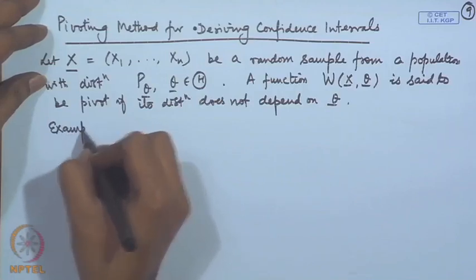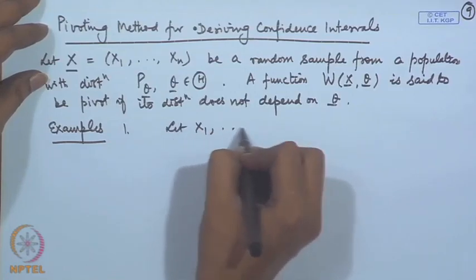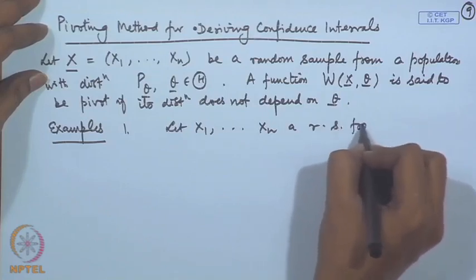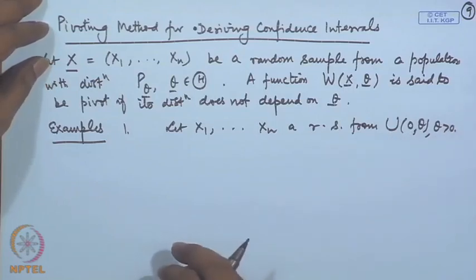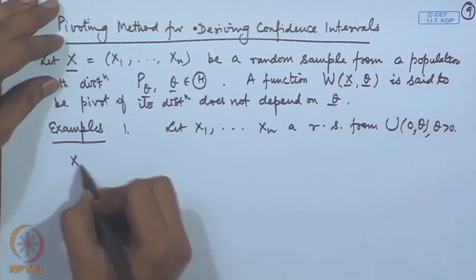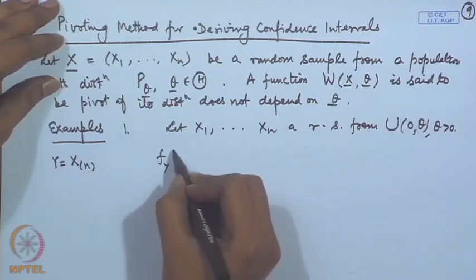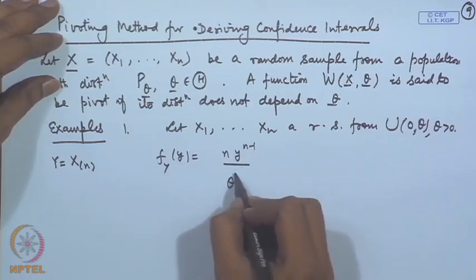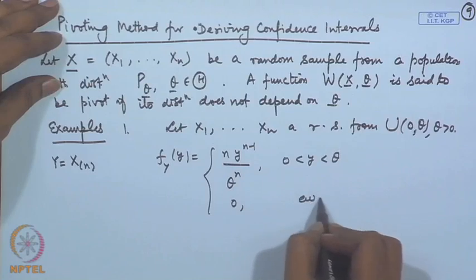So, let me take one or two more examples of the pivot quantity. Let us consider x 1, x 2, x n, a random sample from uniform 0 theta distribution. Now, consider x n, let me call it y. You know the distribution of y, that is n y to the power n minus 1 by theta to the power n, and it is 0 elsewhere.